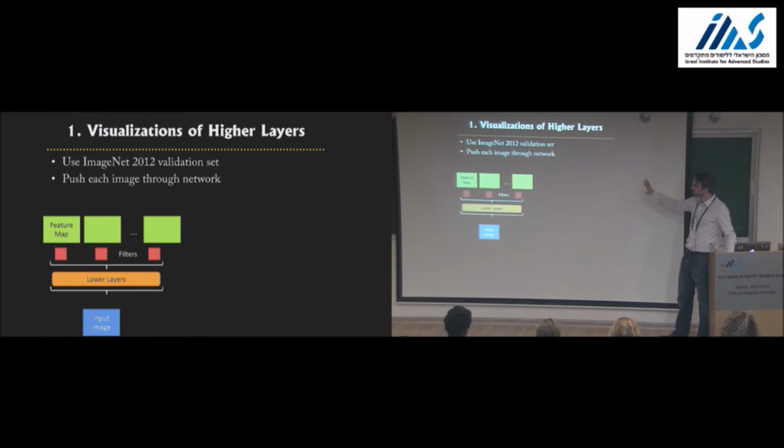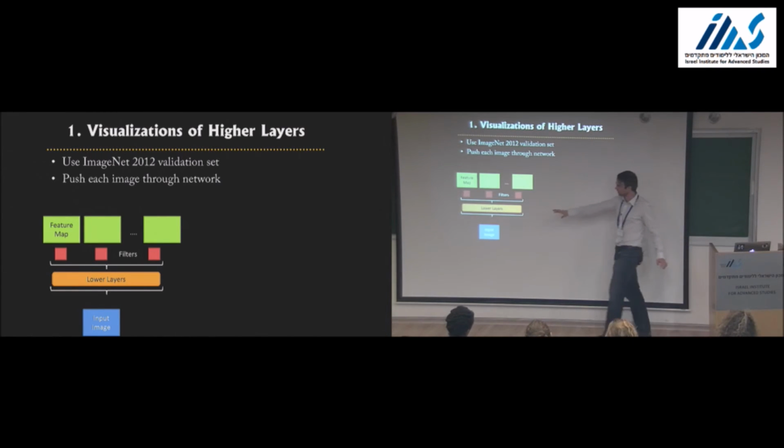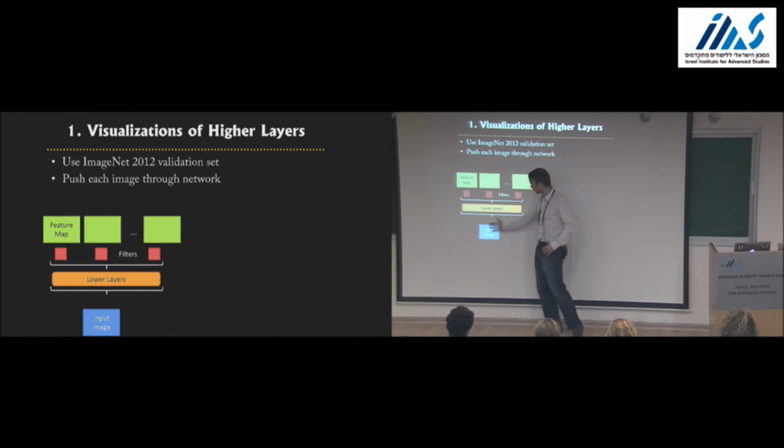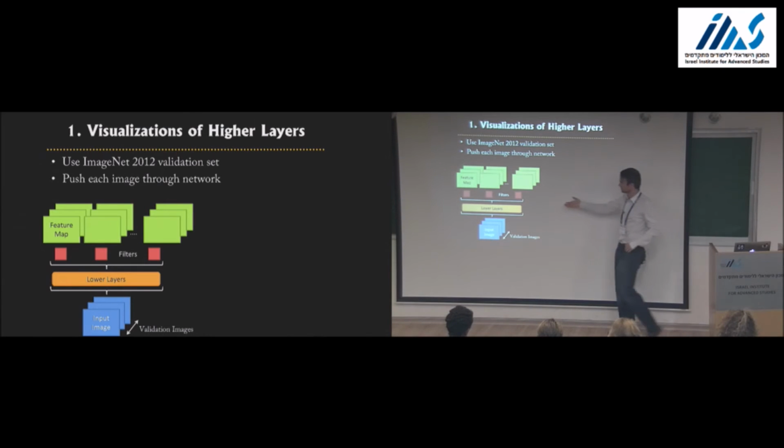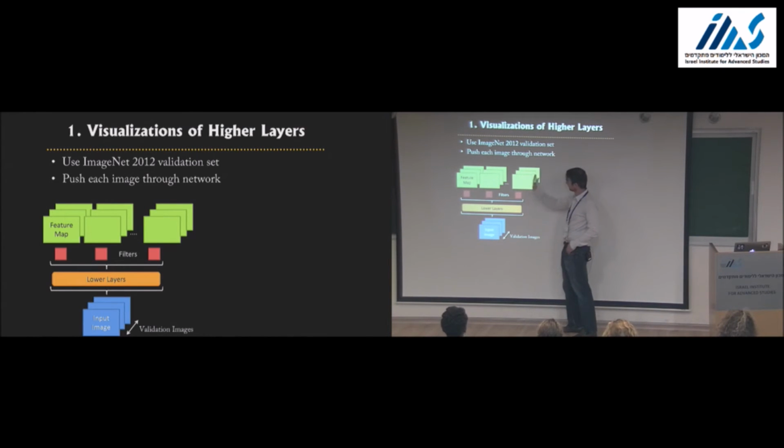Okay, so the basic idea is you take your validation set. You put an image through your network. Say you want to understand what goes on in a particular layer. For each filter in this layer, you have a corresponding feature map. You push a whole bunch of images through, so you have a whole bunch of copies of a given feature map.